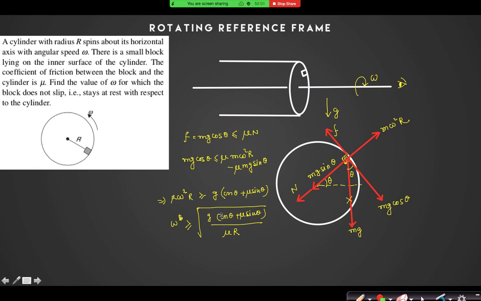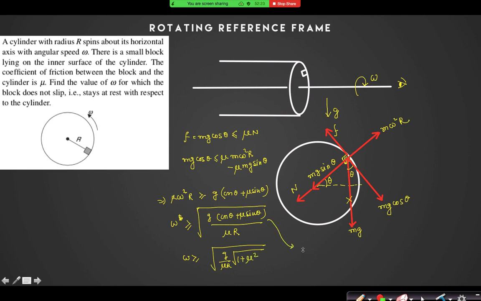We have done already that what is the maximum value of cos theta plus mu sine theta? Root over of 1 plus mu square, right? So the answer for this question should be root over of g by mu r into root over of 1 plus mu square. You can do it by differentiating this one.